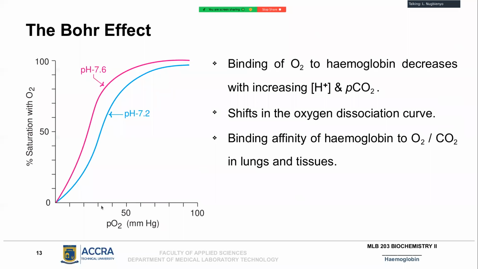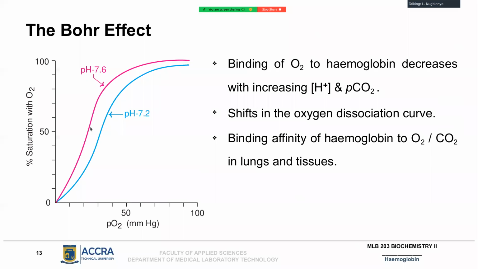Now, we see that the red line, which represents what is happening in the lungs, where you have higher amounts of oxygen, shows that the hemoglobin molecules get saturated faster, because the affinity of hemoglobin for oxygen is higher in the lungs. They bind to the oxygen and release carbon dioxide.